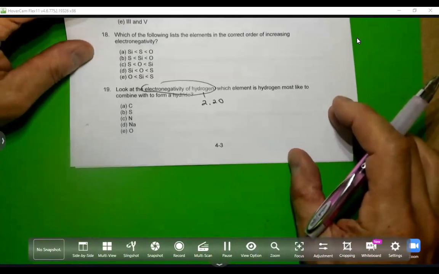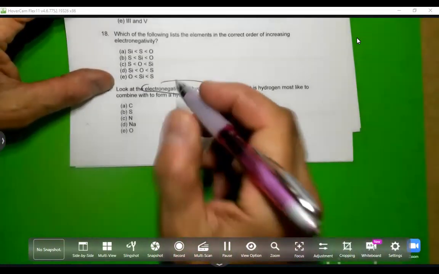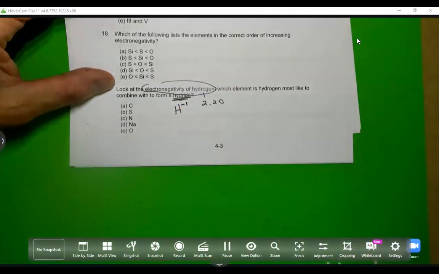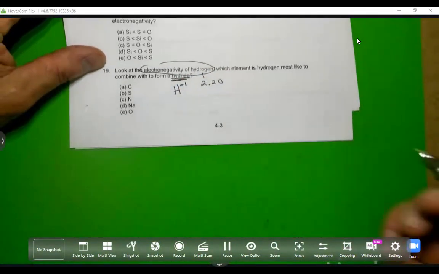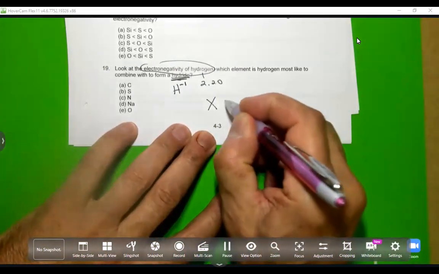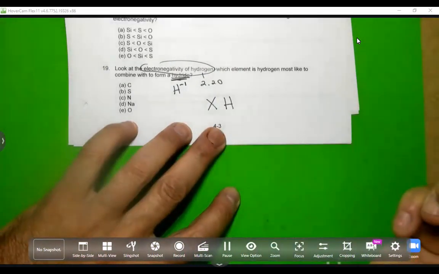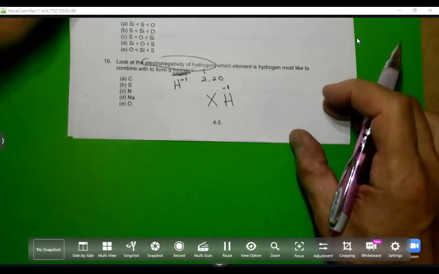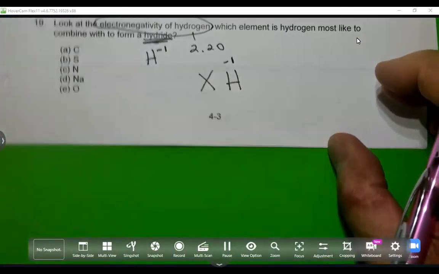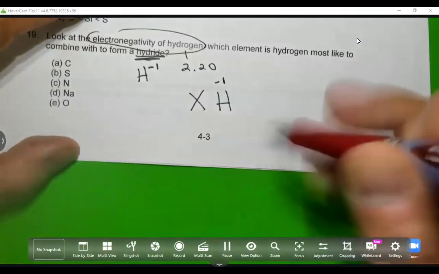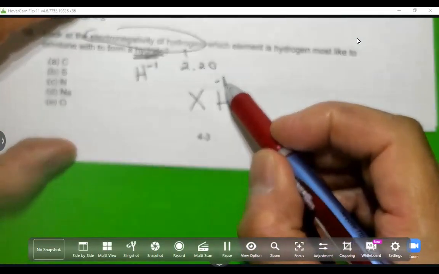Which of the following is hydrogen most likely to combine with to form a hydride? Hydride is H-1. So that means it has to be this XH. Hydrogen is going to be -1, which means hydrogen has to have the higher electronegativity, right?